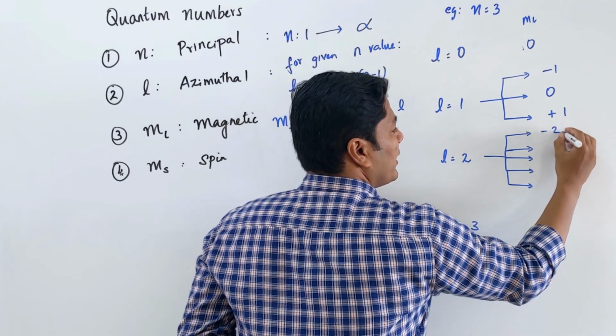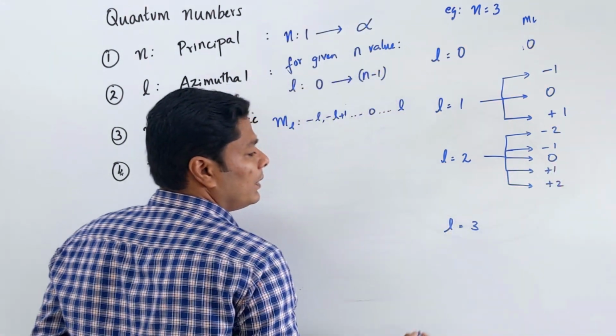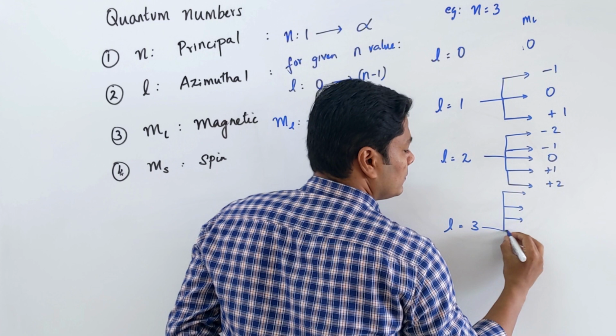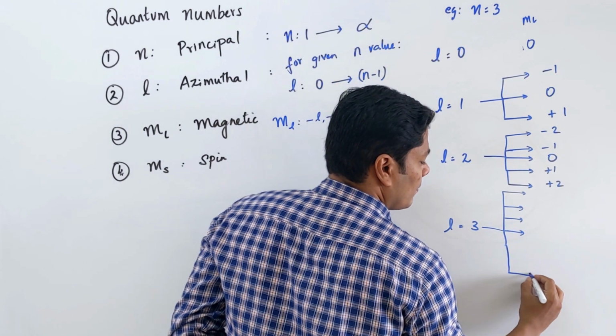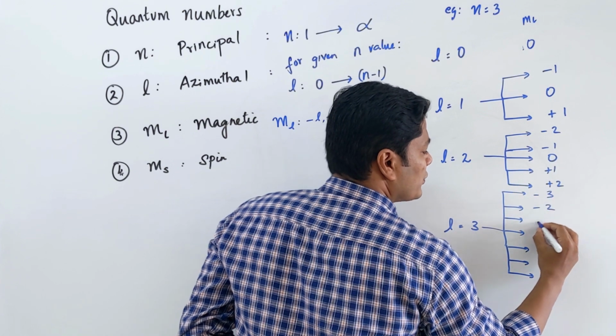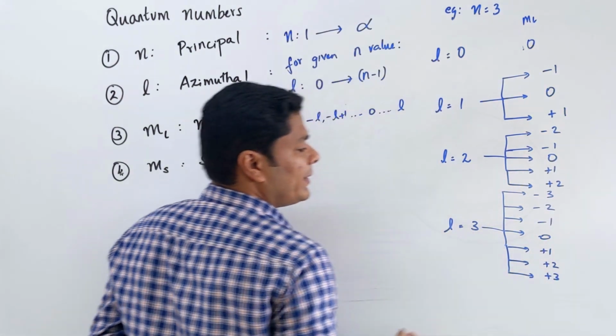So I have minus 2, minus 1, 0, plus 1, plus 2. And the last one, -3, -2, -1, 0, +1, +2, +3.